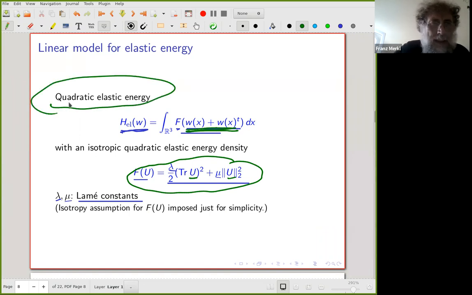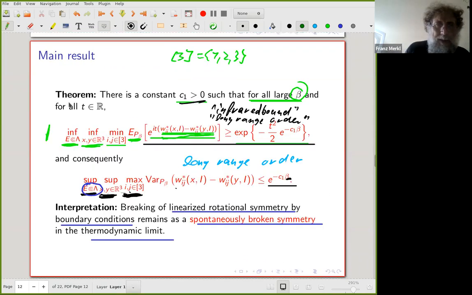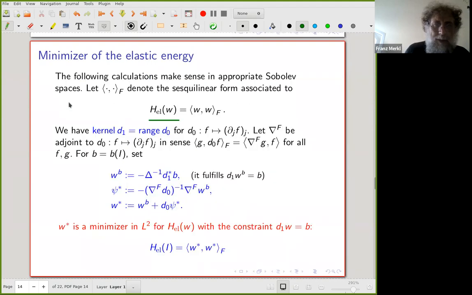This quadratic elastic energy corresponds to a bilinear form, and this bilinear form I denote by brackets with index f. If we do it over the complex numbers, which is convenient for doing Fourier analysis, it is only sesquilinear, but not bilinear. With the reals, it would be bilinear.